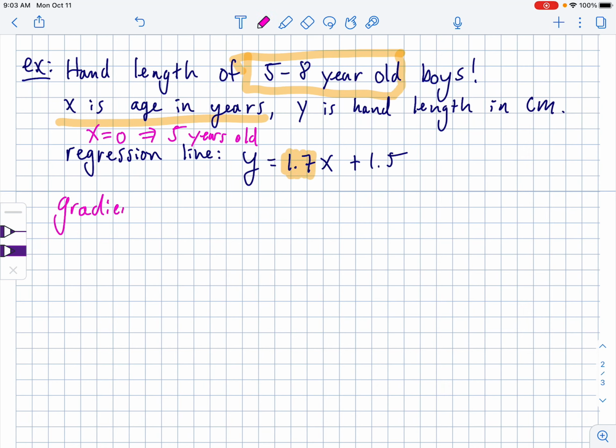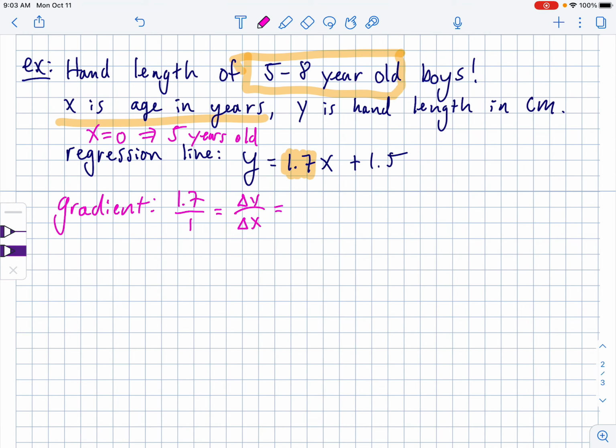Now, the regression line. Remember that the gradient is right here. So the gradient, it's already in the y equals mx plus b form. We don't have to reorganize it, but the gradient is 1.7 over 1. It's kind of an awkward thing with the decimals like that, but let's leave it like that.